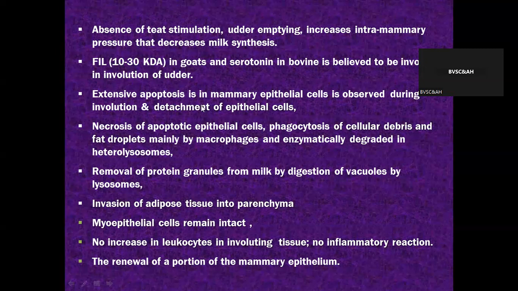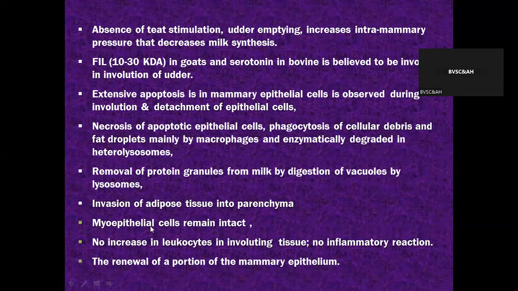Also, extensive apoptosis in the mammary epithelial cells is observed during involution, with detachment of the epithelial cells. Necrosis of these apoptotic epithelial cells, phagocytosis of cellular debris and fat droplets mainly by the macrophages, enzymatically degraded in the heterolysosomes, removal of the protein granules from the milk by digestion of the vacuoles by lysozymes, invasion of adipose tissue into the parenchyma, and myoepithelial cells remain intact.